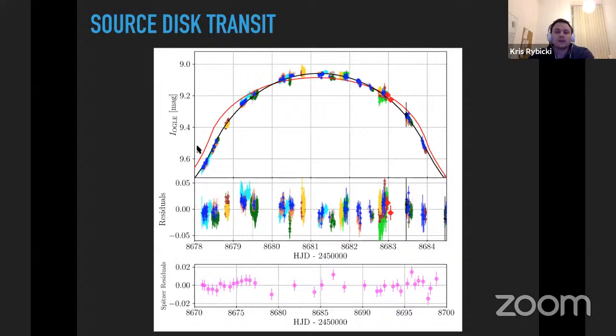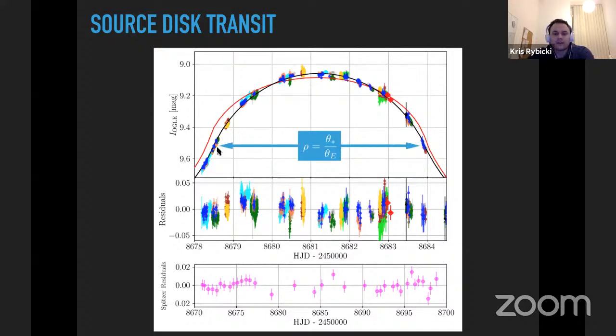And the red light curve here is how the event looks from the perspective of Gaia. So as you can see, from L2, the projected separation of source and lens changes in time a little bit differently.